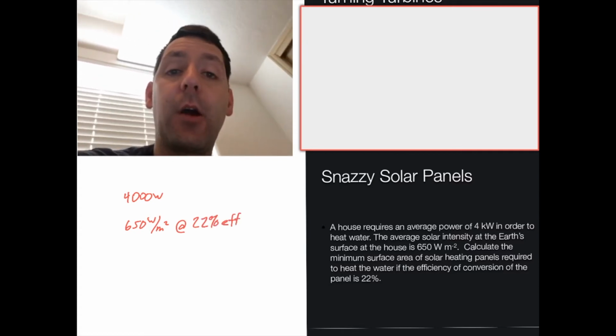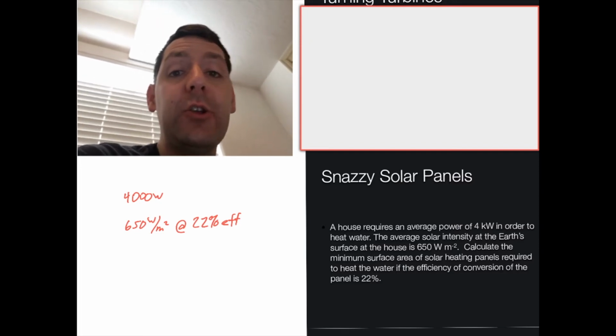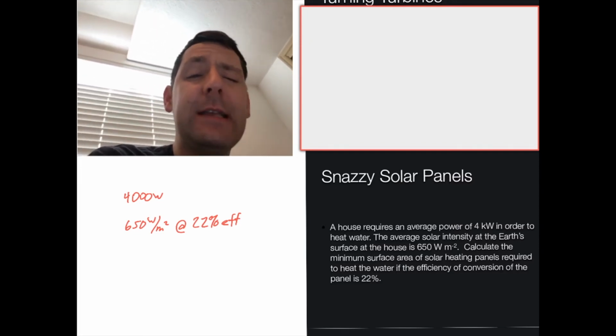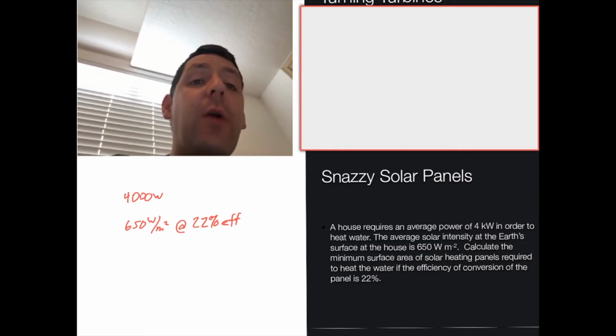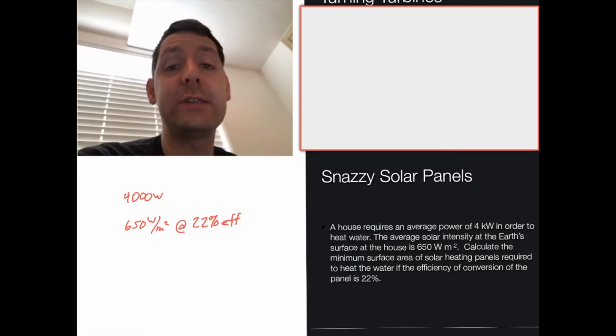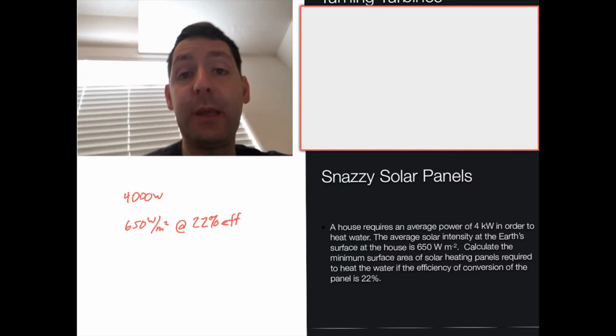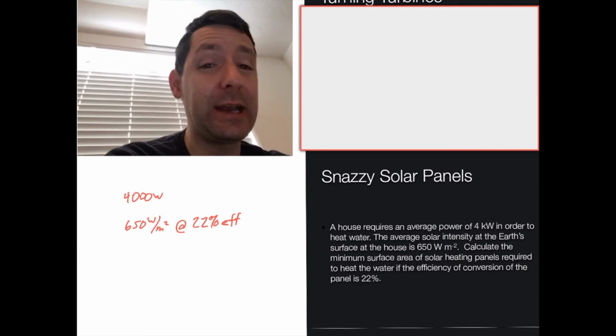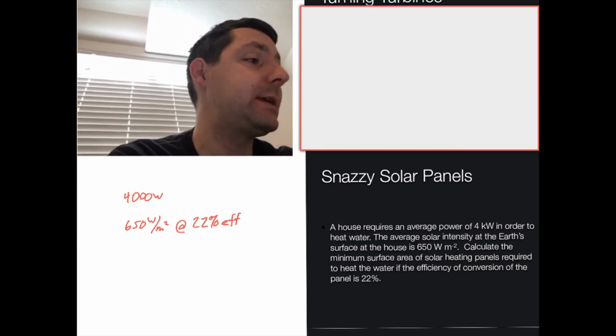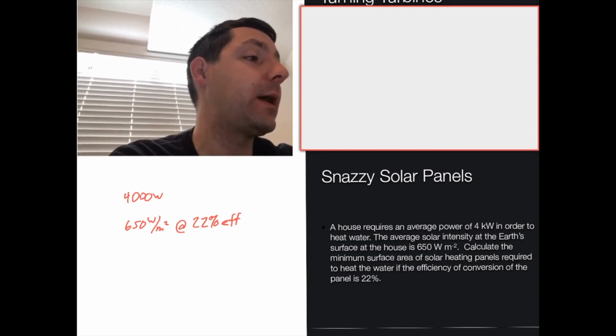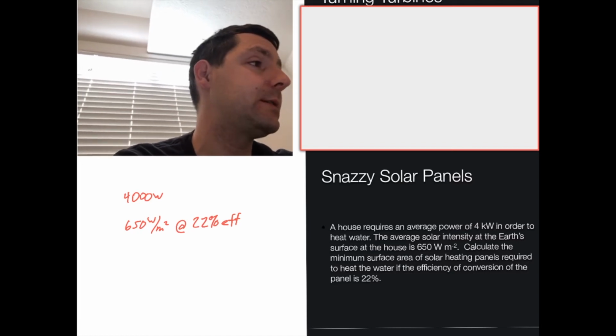efficiency. All right. So the first thing we want to do is take care of that efficiency. That tends to be the case, that if we know how much we're actually getting, we can use that efficiency right away in order to figure out how much we actually get out of it. So I'm going to take my 650 and multiply by that 22%.